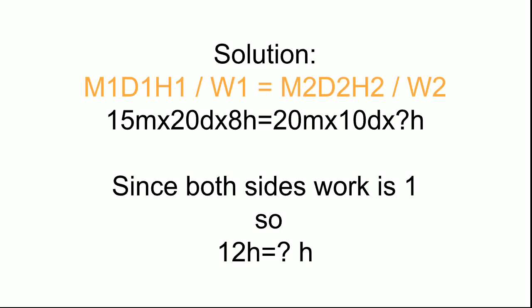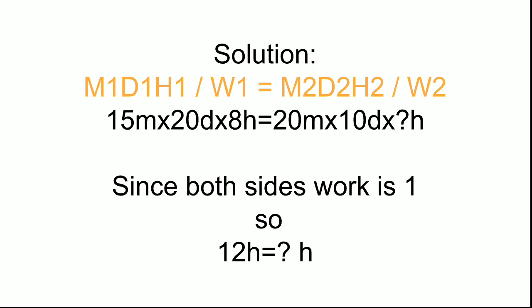Here M1 means number of men is 15, into D1 means number of days 20 days, and H1 means number of hours is 8 hours per day, and we are not taking W1 value because both sides it is 1.